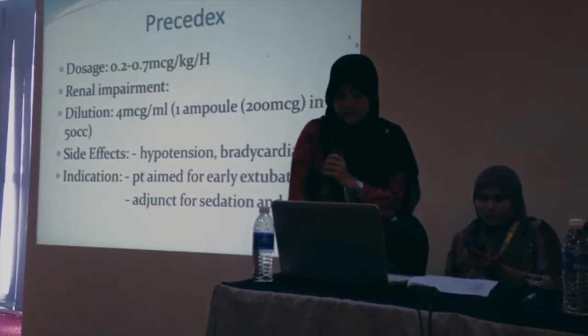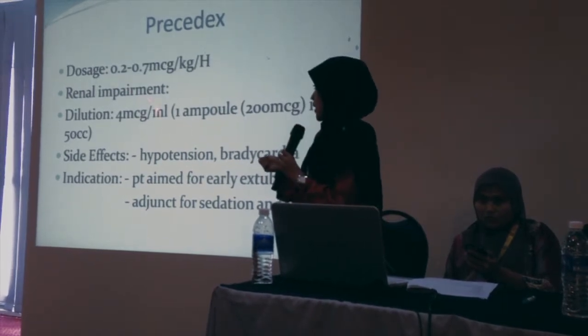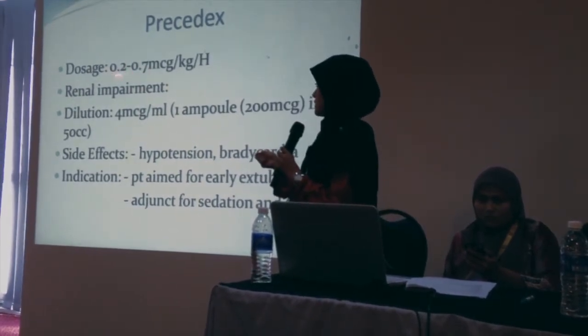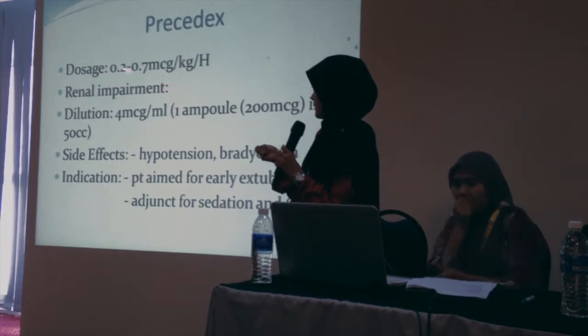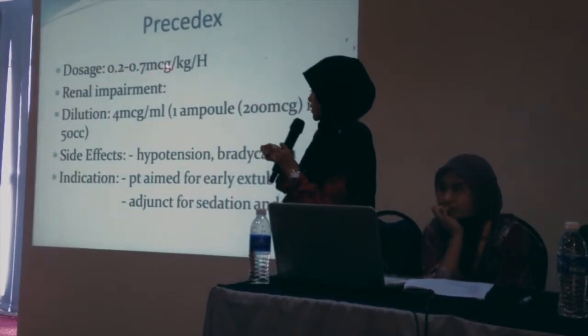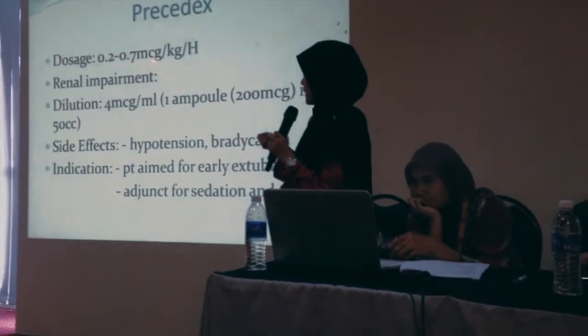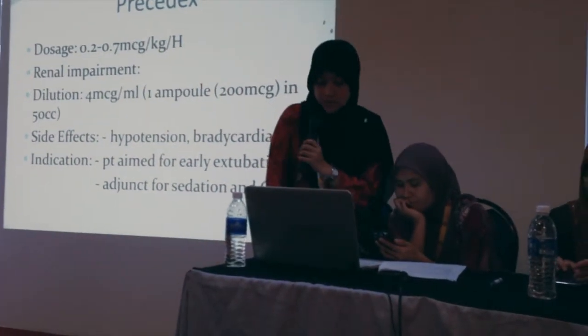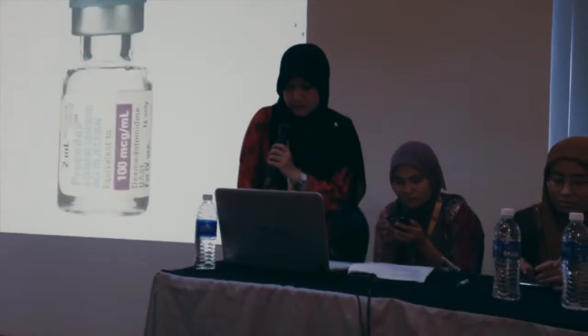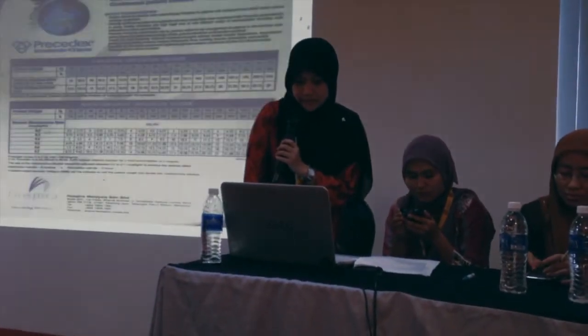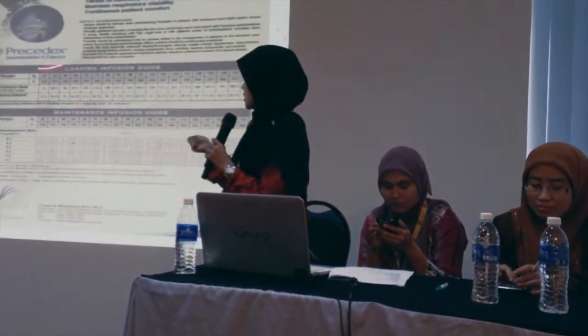So how do we know how much we want to give? It's quite difficult for us to calculate this, correct? 0.2 to 0.7 mic per kilo per hour. So usually the drug will come with a sedation chart.